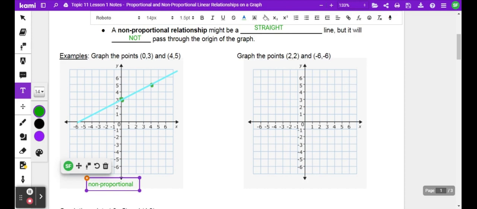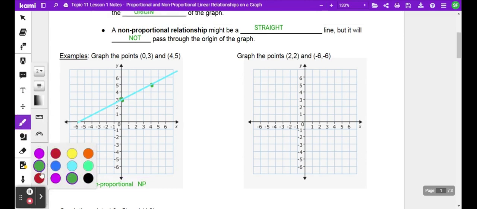We're just going to abbreviate it NP from here on out. Again, I have a straight line, but that line does not pass through the origin, which instantly makes it non-proportional. Let's look at the second example here.